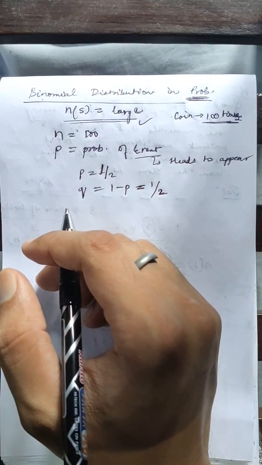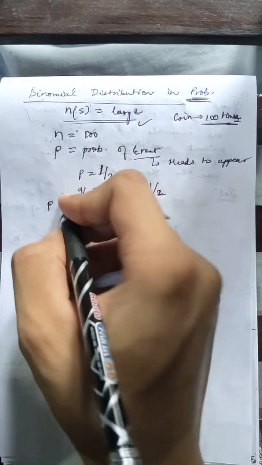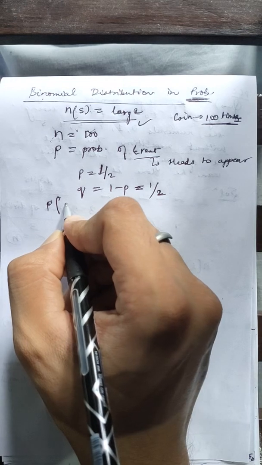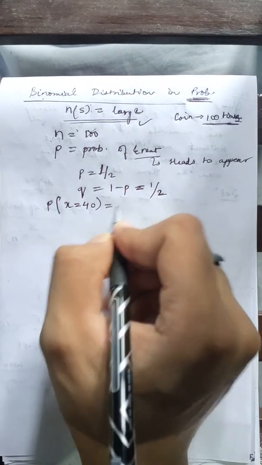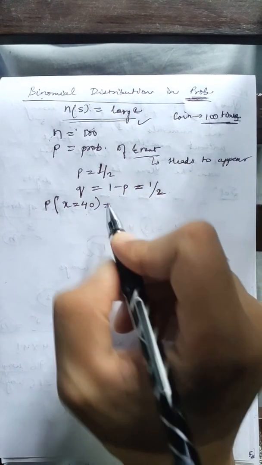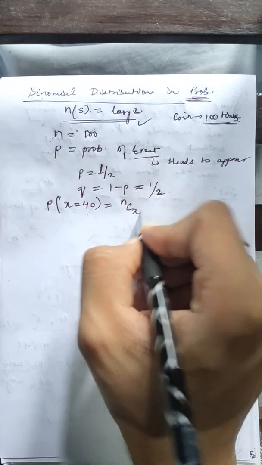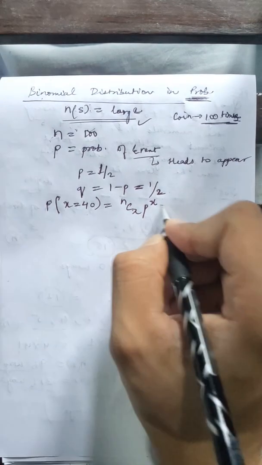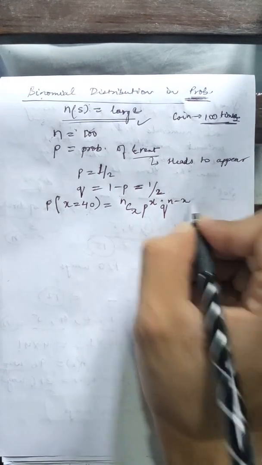In the binomial distribution we directly go to the formula. What they want to find is the probability that in 100 throws, heads appear x times, say x equal to 40 times. So the probability of 40 heads in 100 throws of a coin is nCx p to the power of x, and then q to the power of n minus x.